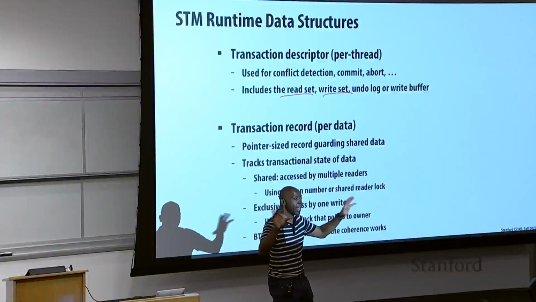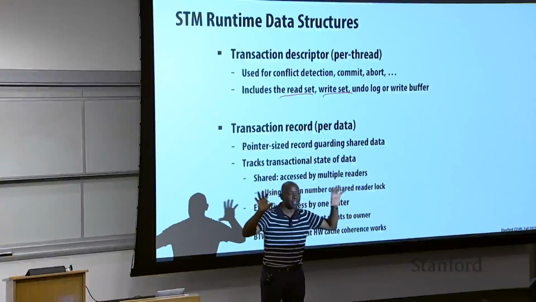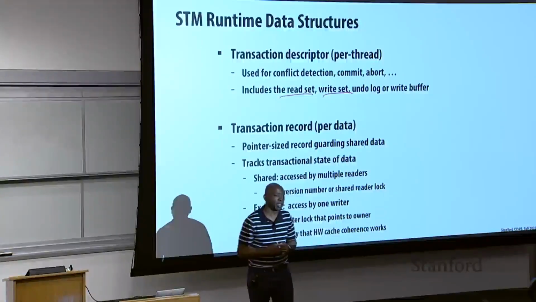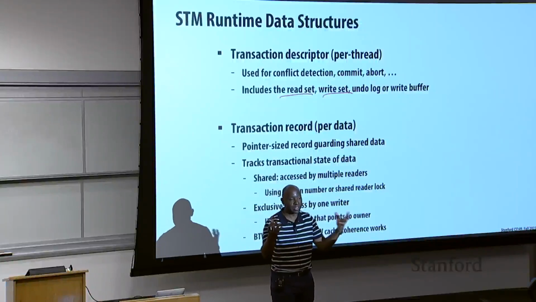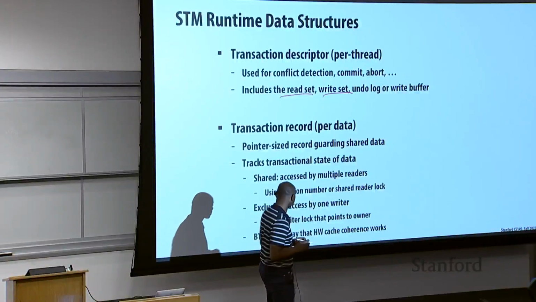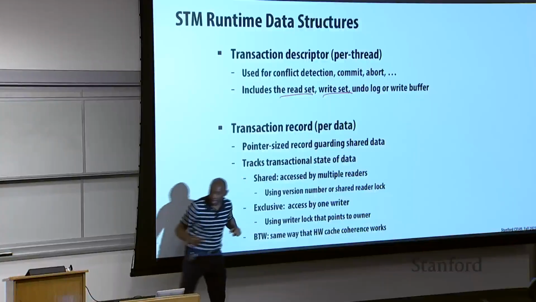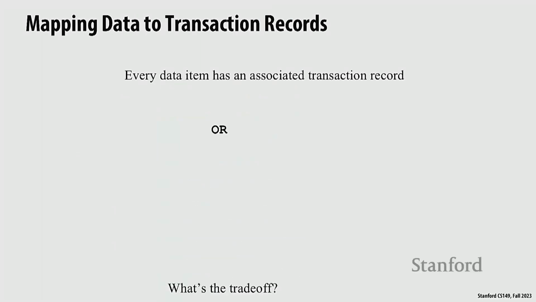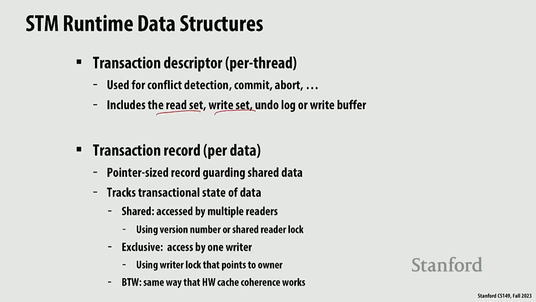So there's a direct analogy between the way that we handle transactions and the way that we discussed doing cache coherency. Okay, so then the question is, how do you actually map the data that is being used by the program to the transaction record?